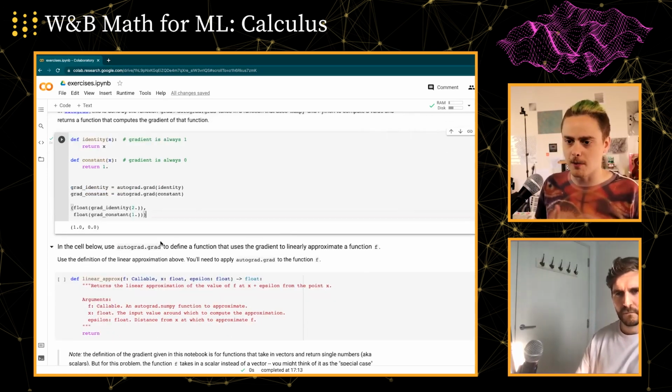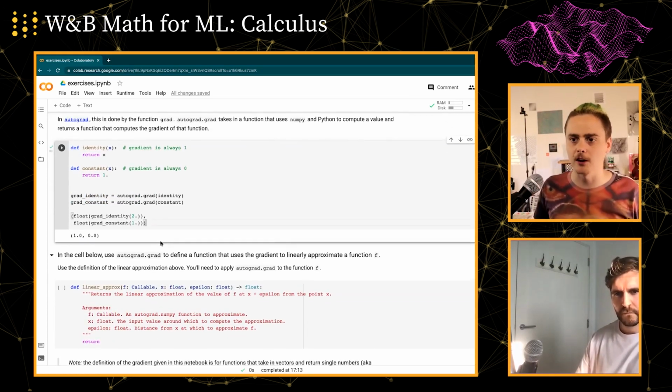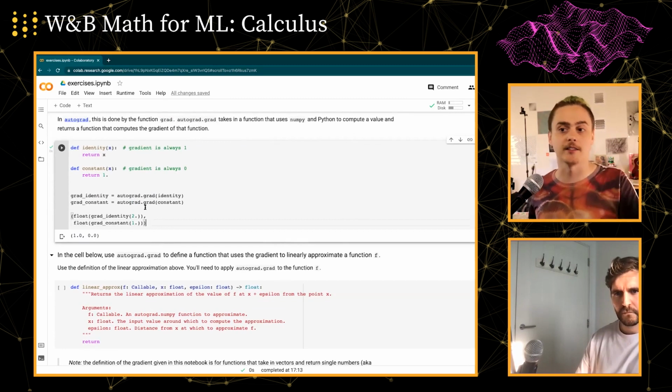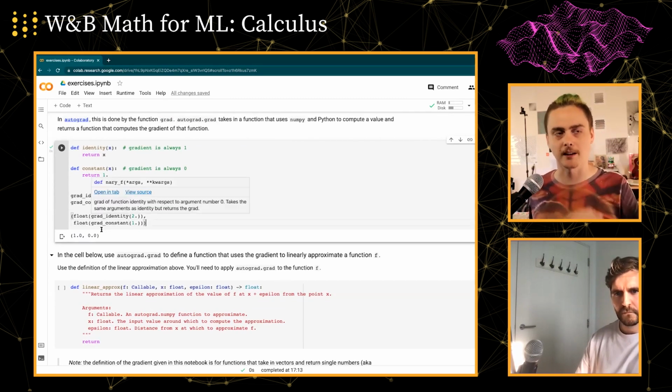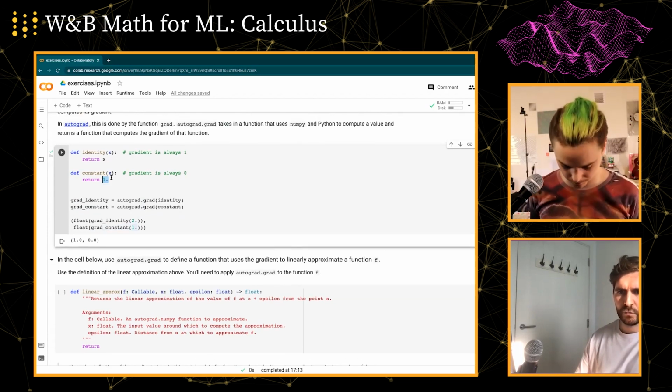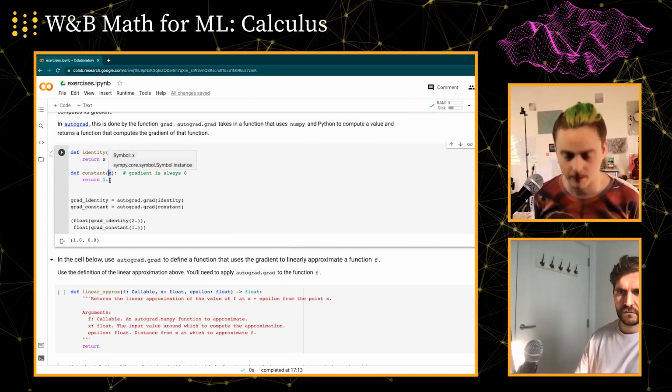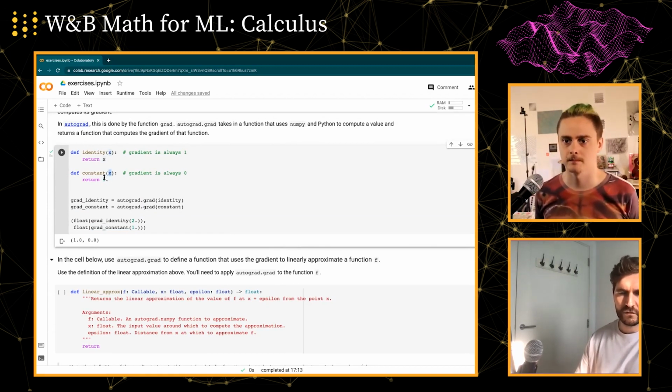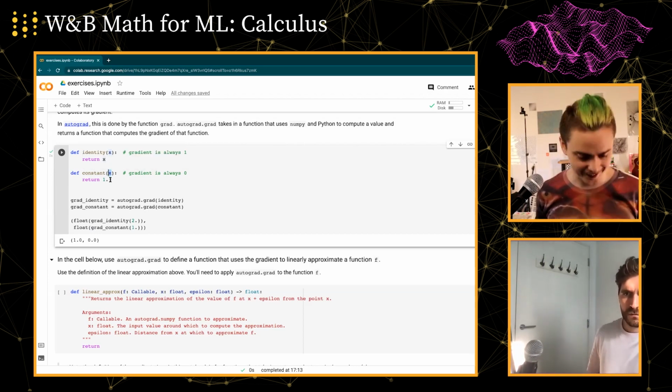Okay. Maybe just a quick check. Is it clear why the gradient of the constant function is always 0? Looking at that constant function there. Yes, because it'll always return 1, which doesn't change as x changes. So the error doesn't get smaller as I change my input. Yeah, that's an interesting way of thinking about it.